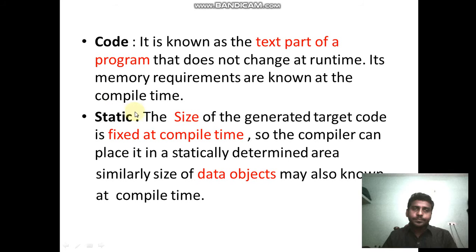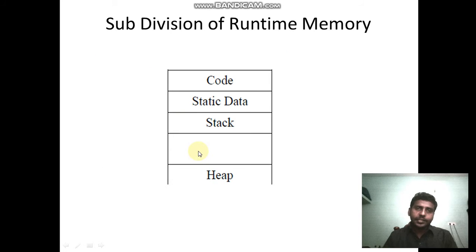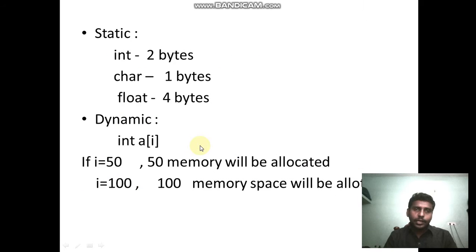Then the static area. The static area is fixed memory at compile time. That is the main use of the static area. For example, int, char, float are keywords which use some fixed memory. That means int uses 2 bytes of memory and float uses 4 bytes of memory.